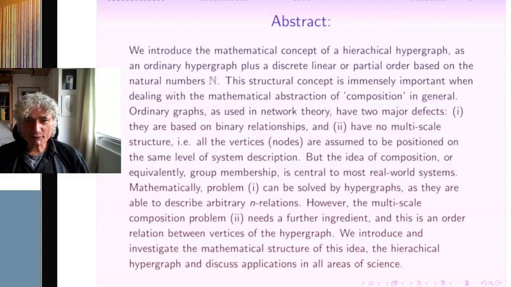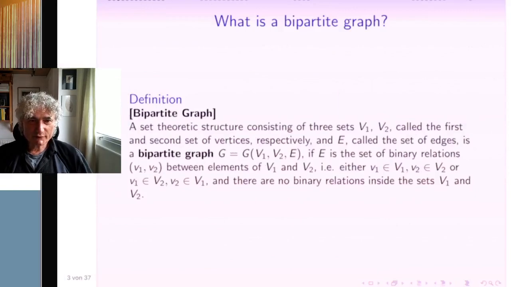So we have to introduce a structural concept, a graph kind of concept, which describes the multi-scale nature of a certain empirical system. So that will be defect 2, which we will address in this lecture today. Okay, so this is a good preparation for what comes next.